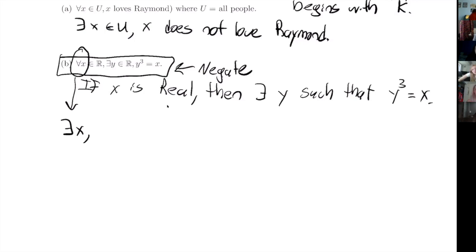Okay, and now let's think about what would go wrong with the rest of this statement. There's going to exist one X such that there is no Y with Y cubed equal to X. I think that should work.